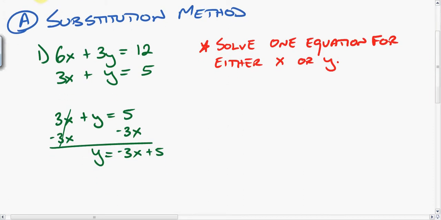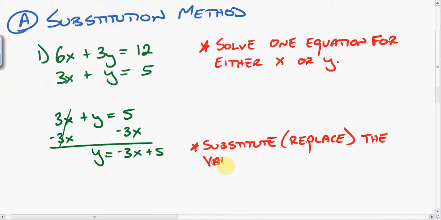Once you do that, the next thing you're going to want to do is substitute the value. In this case, it's the value that you solved for, so the value for y. This is the substitution method. So substitute, which means replace, the value of y into the equation you didn't use.